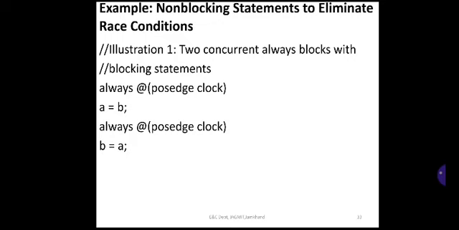Here there are two concurrent always blocks with a blocking assignment, as we discussed in the previous class. Always at the positive edge of the clock pulse, A is assigned the value of B. Always at the positive edge of the clock pulse, B is assigned A. So this is the first illustration.